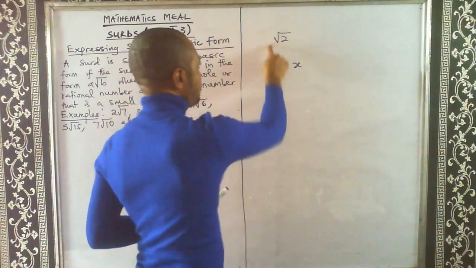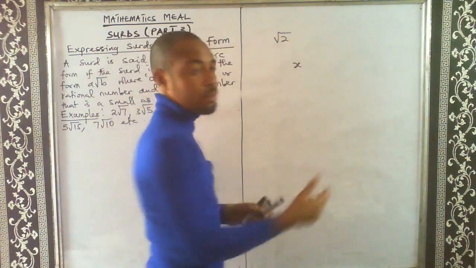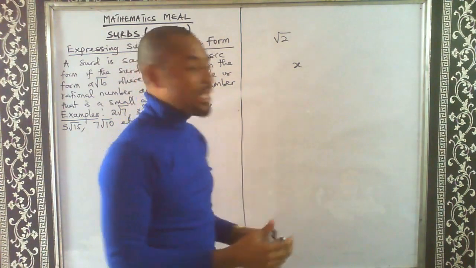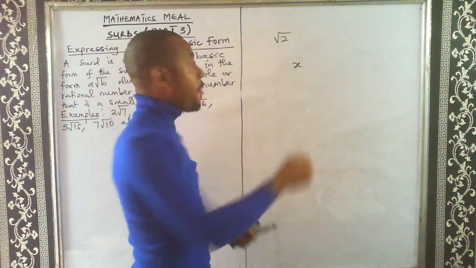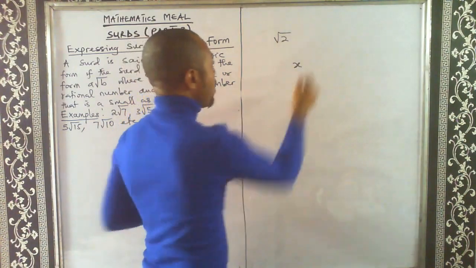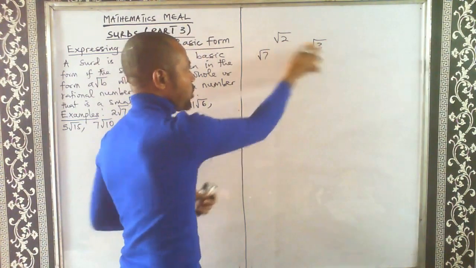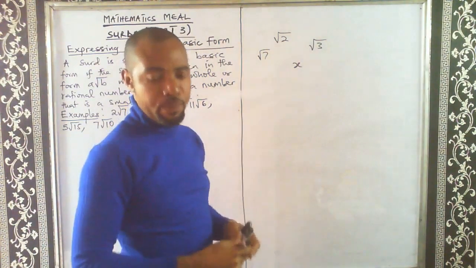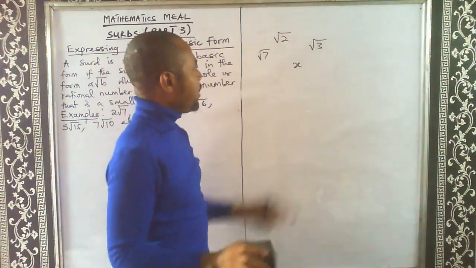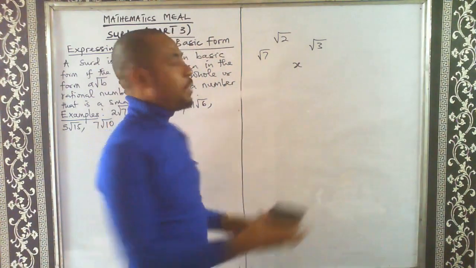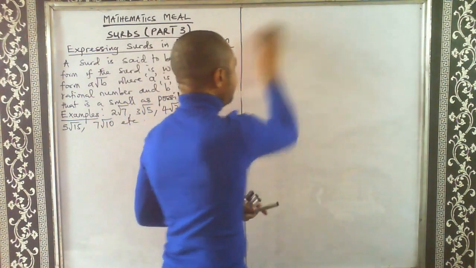So it is unmathematical to make such statements anyway. So we just say root 2. And when we have this, we just say square root of 3. We can have the square root of 7. These ones are also in basic form because the number under the square root can no longer be reduced.